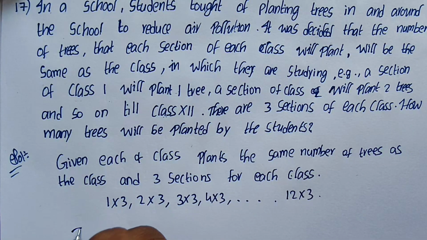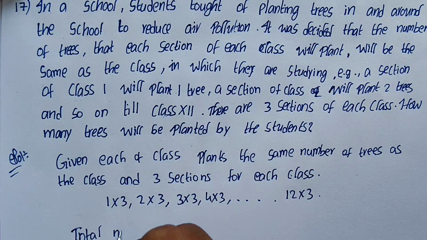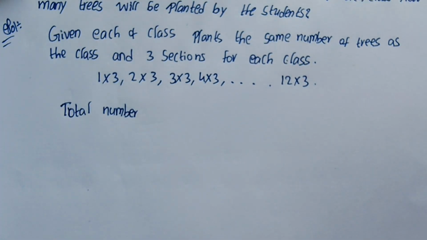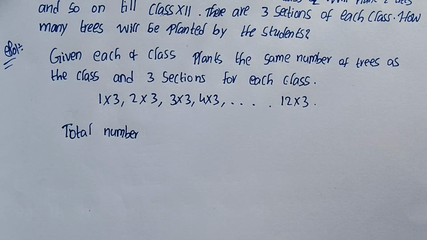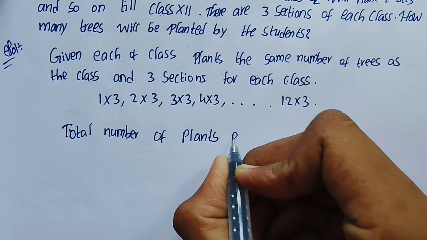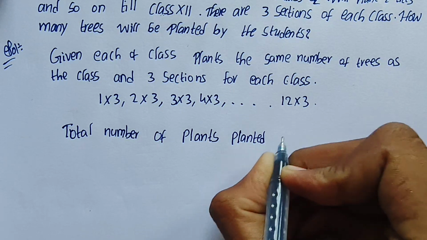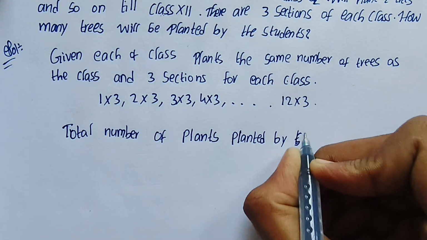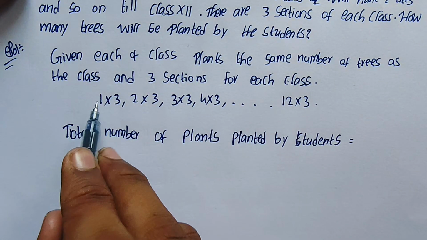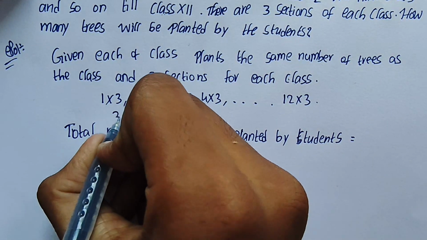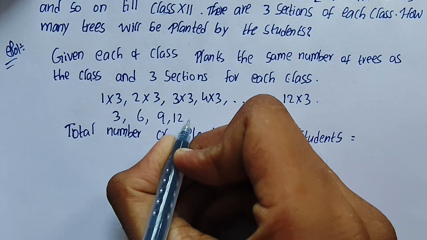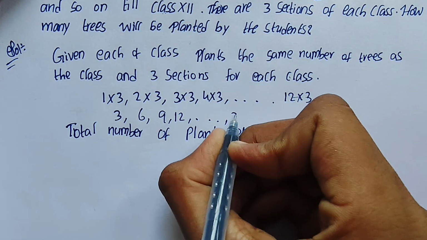Understand? So the total number of plants that are planted by the students equals, here I am writing, 3 ones are 3, 2 threes are 6, 3 threes are 9, 4 threes are 12, and so on up to the 12th class, means 12 threes are 36.